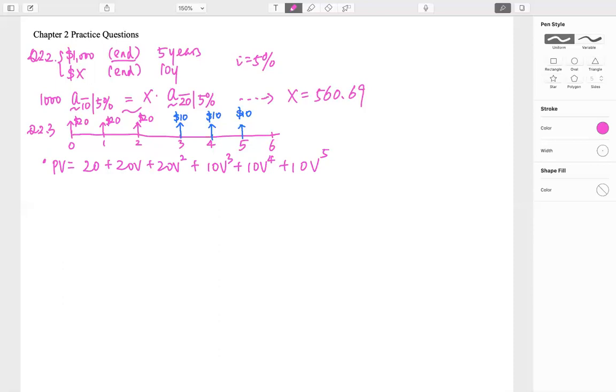All I'm doing is simply discounting each payment. The first payment is received at time 0. There's no need to discount. So $20 is $20. For the second payment, it's received in 1 year, so I need to multiply by V. The second one is at 2, so I discount by V squared, etc.